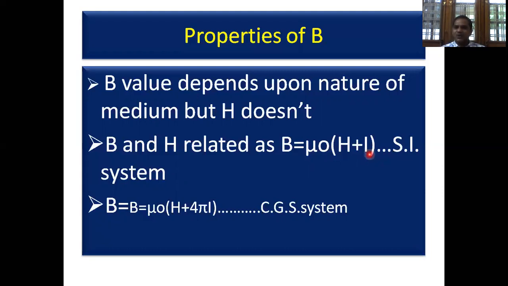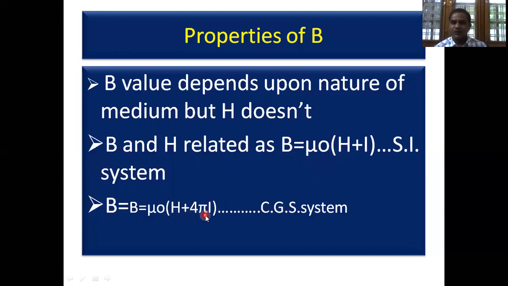So in free space or vacuum, since I equals 0, we get B equal to mu naught into H. Therefore, magnetic induction field strength is equal to mu naught times the magnetizing field strength H. If you take the CGS system, the relation between B, H and I is B equals mu naught into H plus 4 pi I, right?